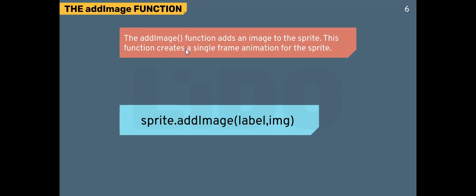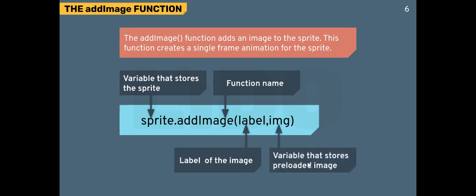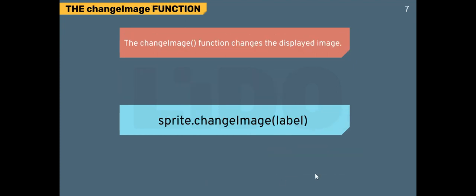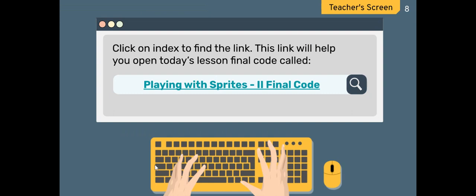The sprite function creates a single frame animation for this sprite. The changeImage function changes the displayed image. This becomes the variable that stores the image. This becomes the function name. This becomes the label of the image.